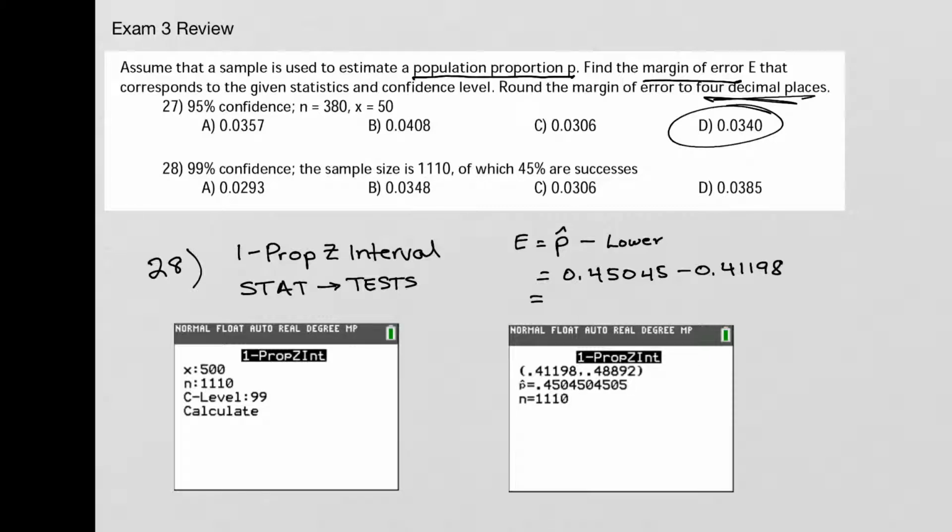And I subtract those, and I get 0.0385 rounded to 4 decimal places. So that's my answer for that problem.